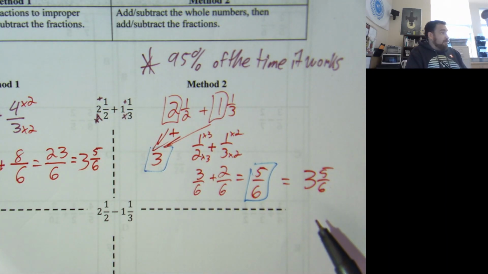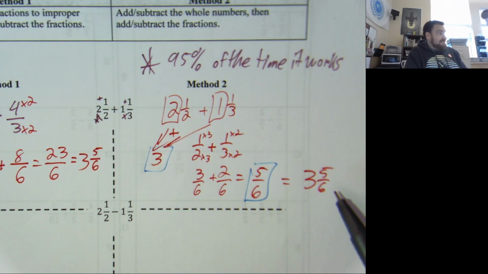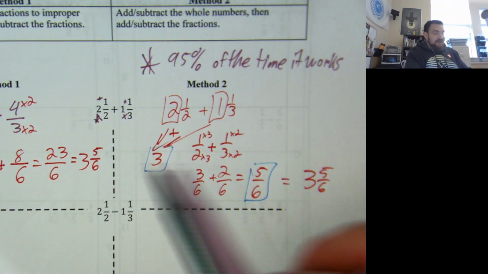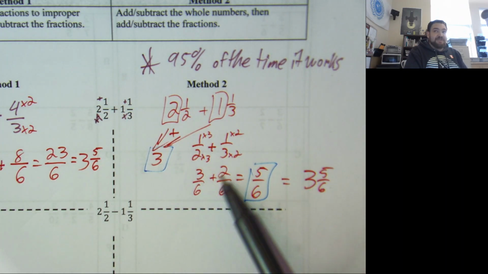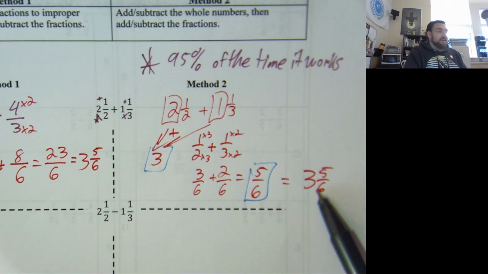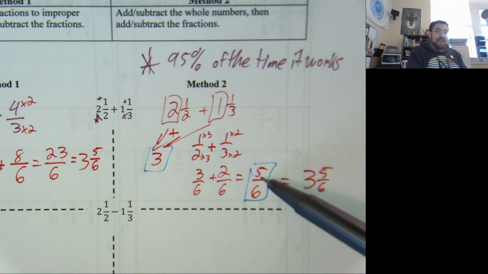You're warm. You're not totally there, but you're getting close. This works. I get 3 and 5/6, 3 and 5/6. What happens if these two numbers add to something bigger than the denominator? What kind of fraction am I going to get here?